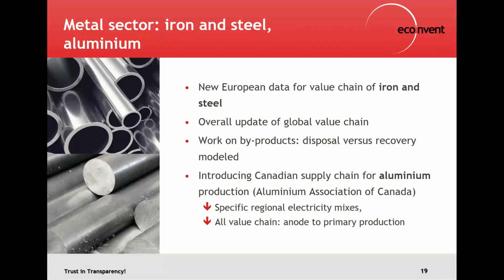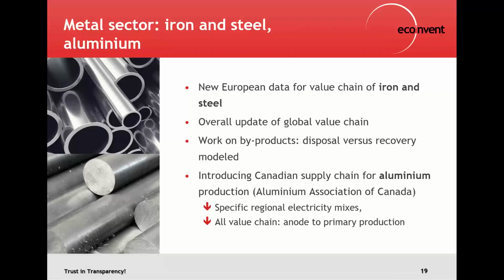And to finalize with the sector, version 3.7 and 3.7.1 now includes specific data related to the aluminium supply chain in Canada. This is data provided to us by the Aluminium Association of Canada through CIREC.